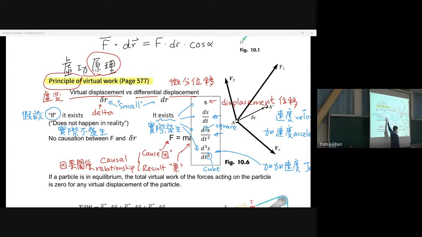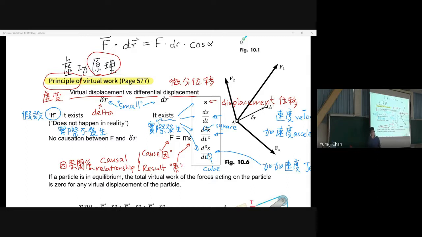Virtual displacement does not exist in reality, but we talk about what happens if it exists. It's different from the right-hand side. For the right-hand side, if you drive a car, if you take a train or a bus or a coach, it exists because we have displacement, we have velocity, we have acceleration, we have jerk. But on the left, we talk about something if it exists, and it does not happen in reality.